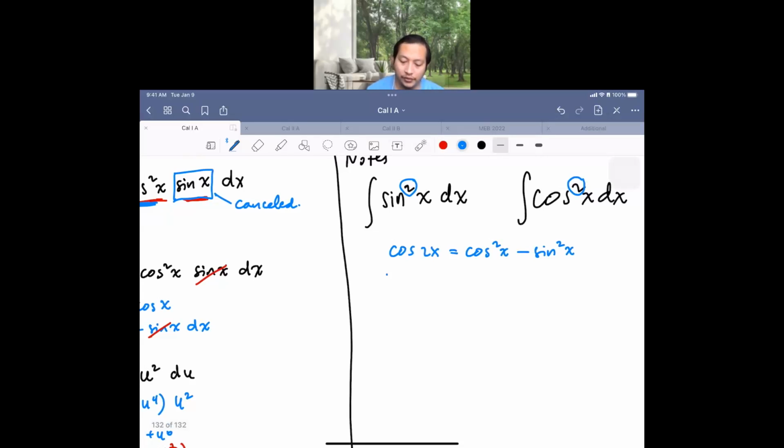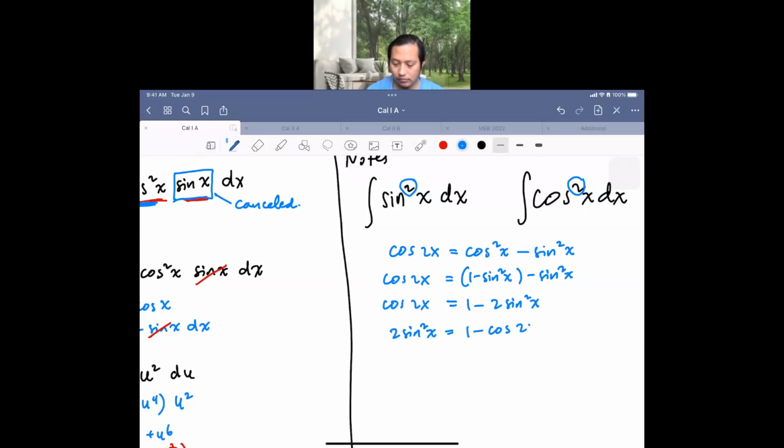If you would like to write it in terms of 1 minus sine squared x, this will be 1 minus 2 sine squared x, and you will get that this will be your sine squared x.